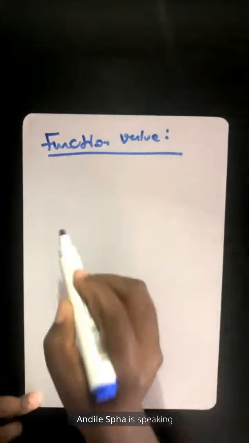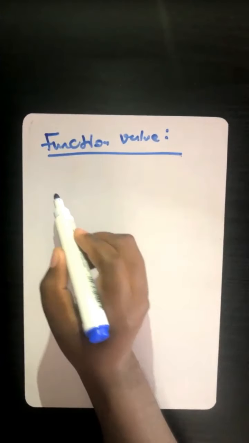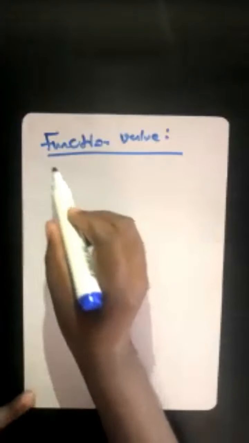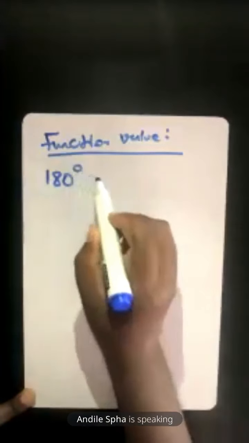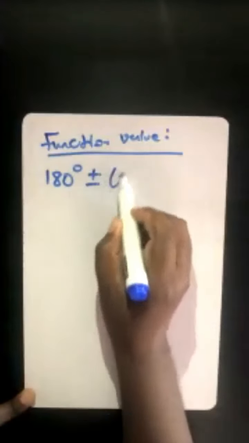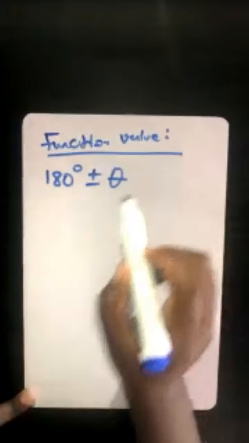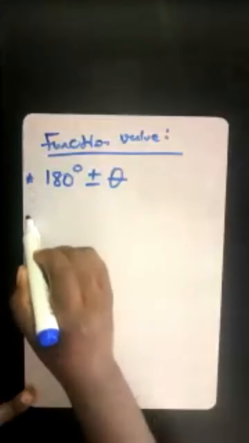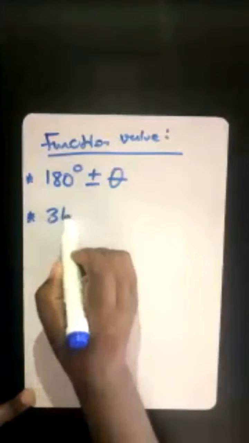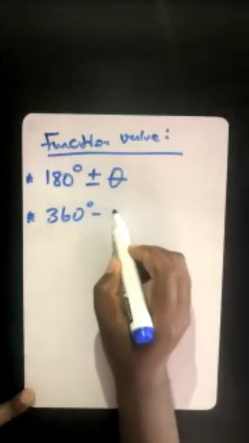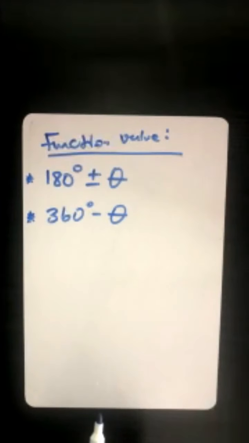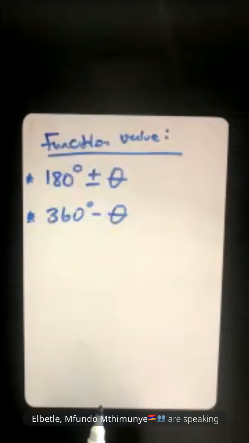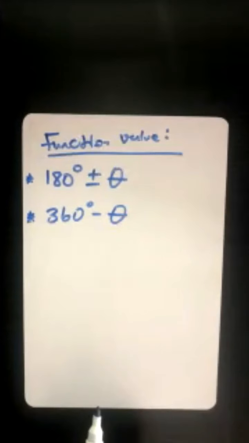Do you guys agree that most of what we've been doing, we were using 180 degrees plus or minus angle theta, and again we used 360 degrees minus angle? Do you guys agree with me on that one? Yes, sir. Okay, so you can just write it as part of your notes.